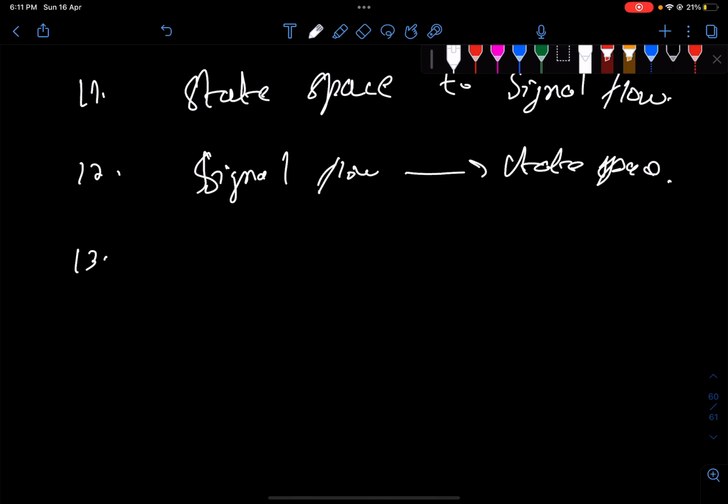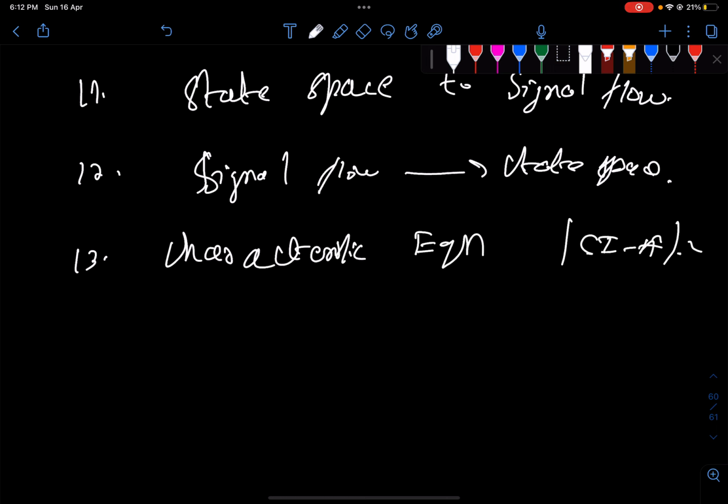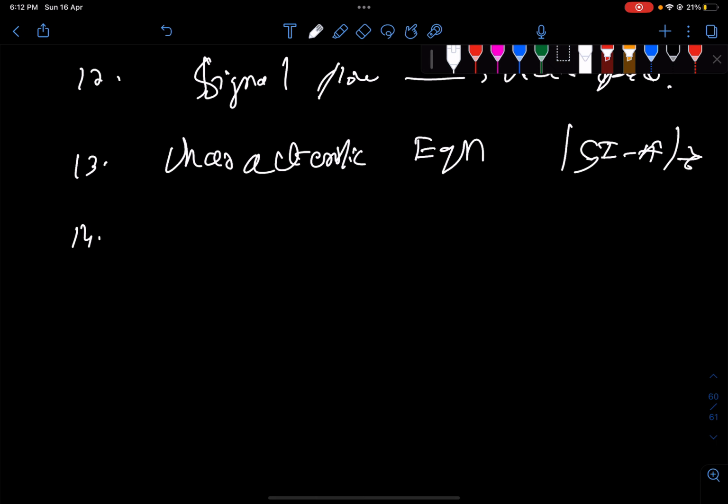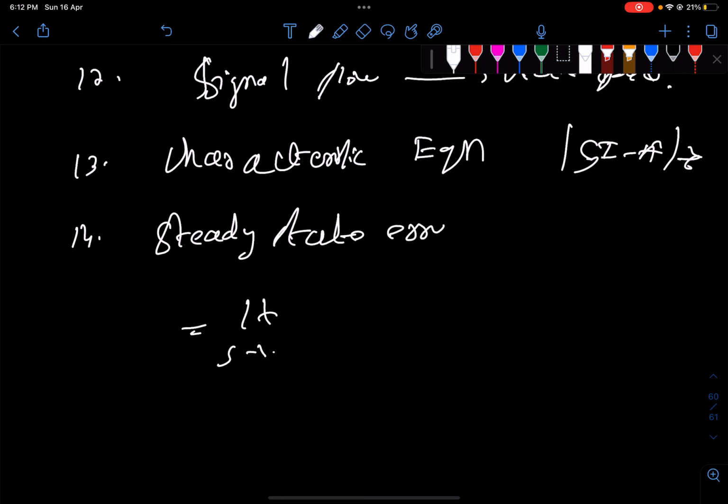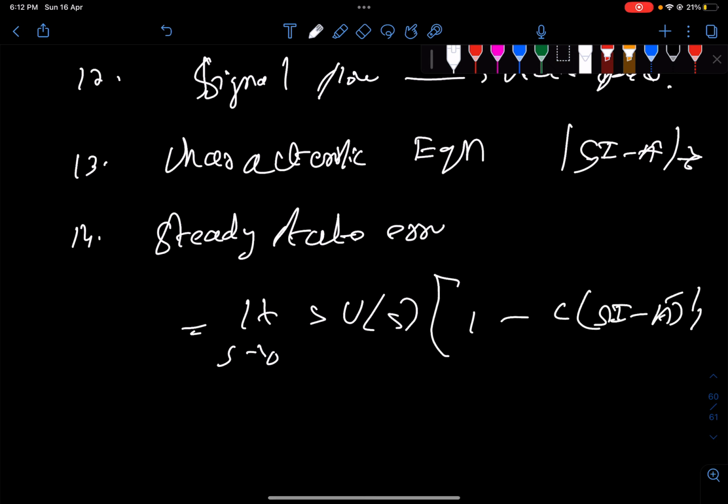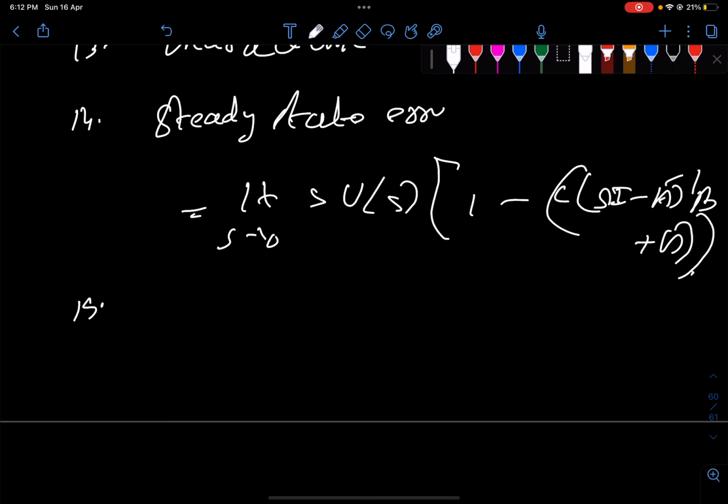The next thing is the characteristic equation, that is |sI minus A| equal to 0. And the next thing is steady state error, that is the limit as t tends to infinity, s into U(s) times 1 minus C(sI minus A) whole inverse B plus D. I have shown an example for this one also.